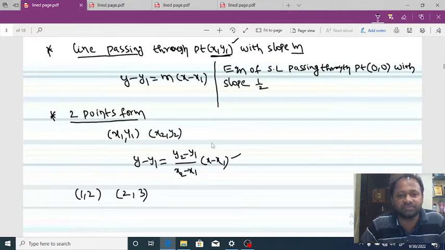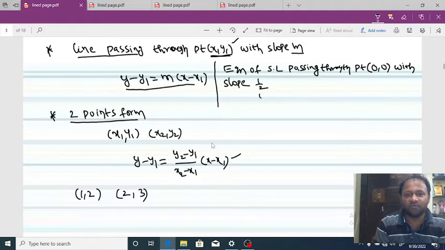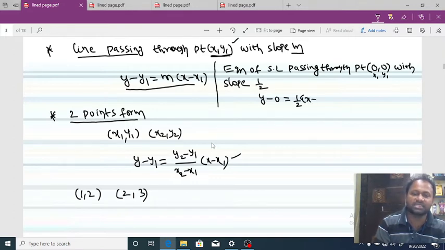This is the question. How can you find it? I think you can try to substitute in this formula. This is x1 as well as y1. y minus y1 is equal to m, where m is nothing but 1 by 2, into x minus x1.